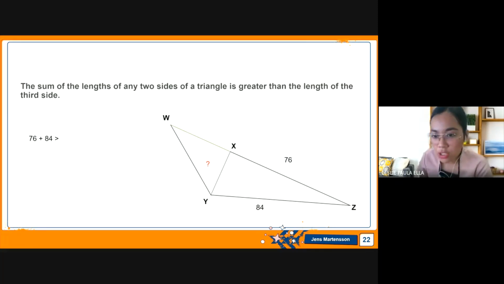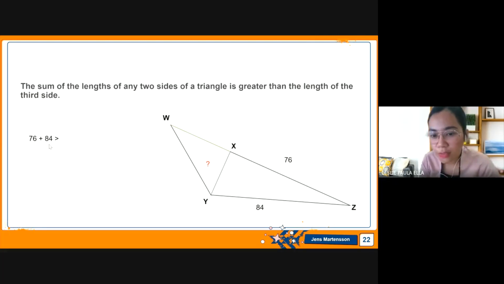Let's have John Gabriel. John Gabriel, what do you think is the value of XY? A number that will satisfy this given statement.